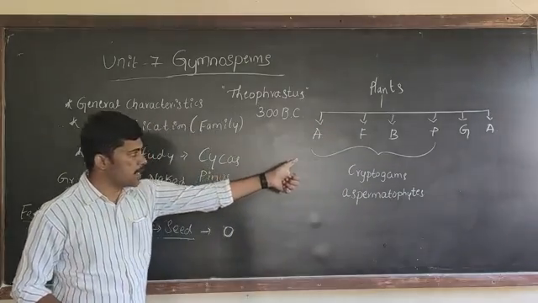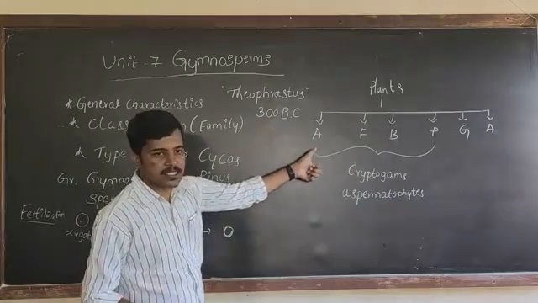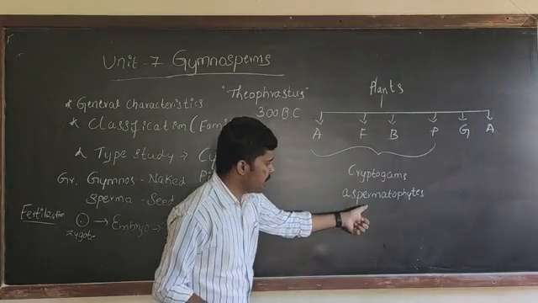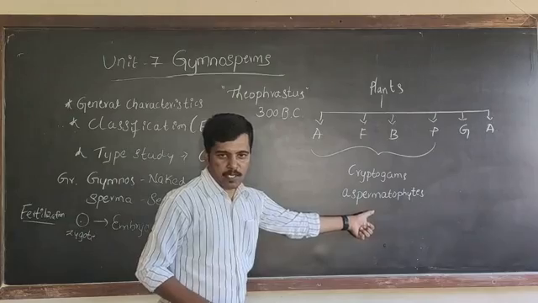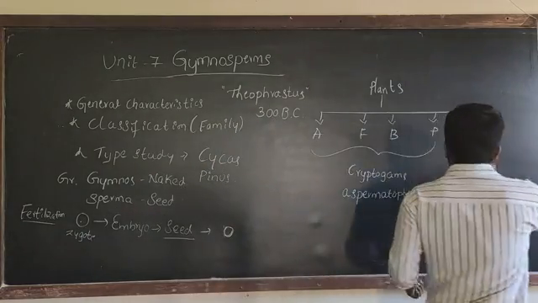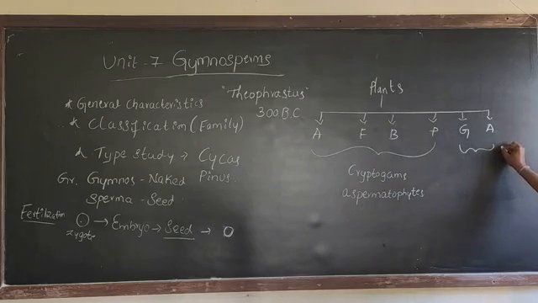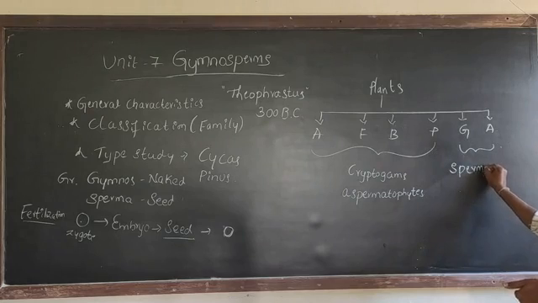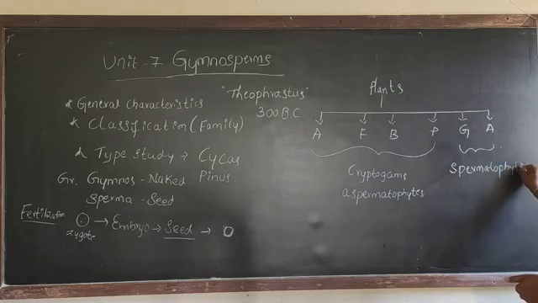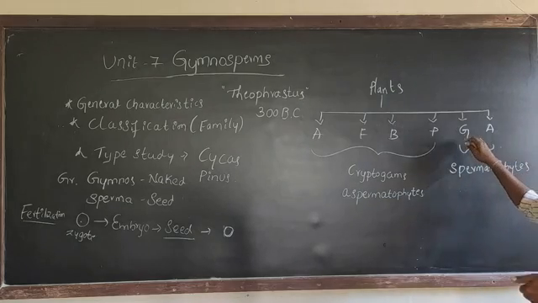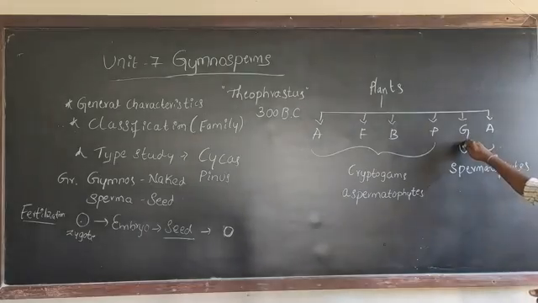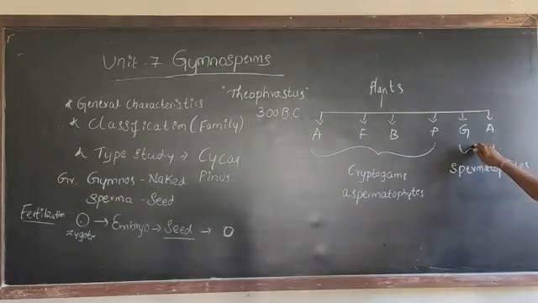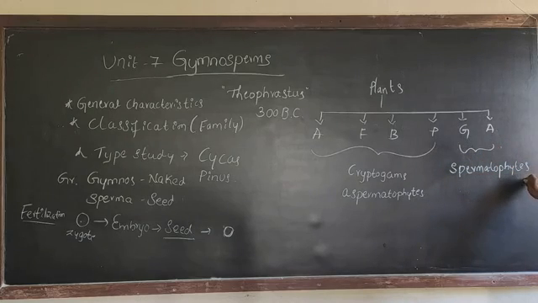So this group of plants do not produce seeds. But both gymnosperms and angiosperms are regarded as spermatophytes. Since both these angiosperms and gymnospermic plants produce seeds, they are divided under spermatophytes.